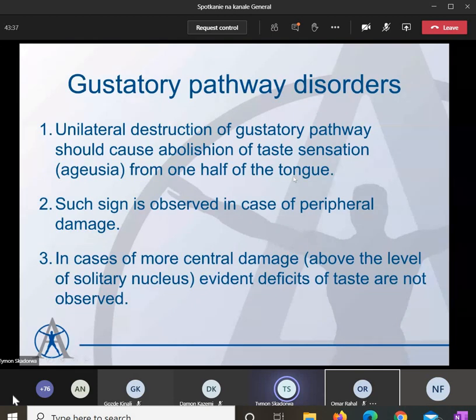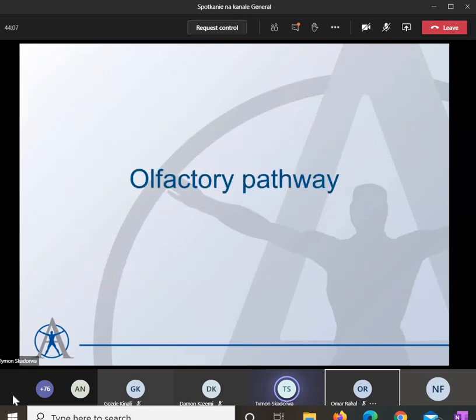So in case there is damage of one of these nerves, we probably have the lack of taste sensation in half of the tongue. Now, in case of more central damage, which is above the level of the solitary nucleus, an evident deficit of taste is not observed. This is why we think that probably there are multiple crossings at different levels, just like it was in the auditory pathway.